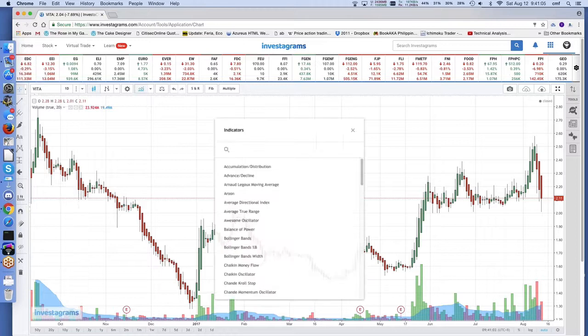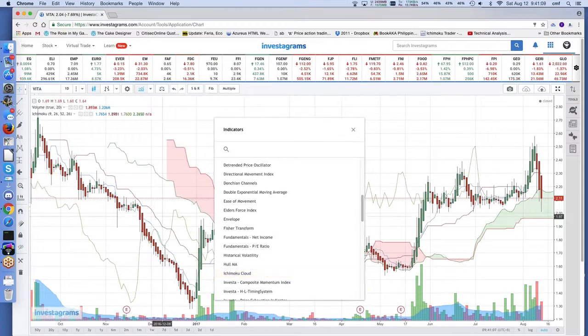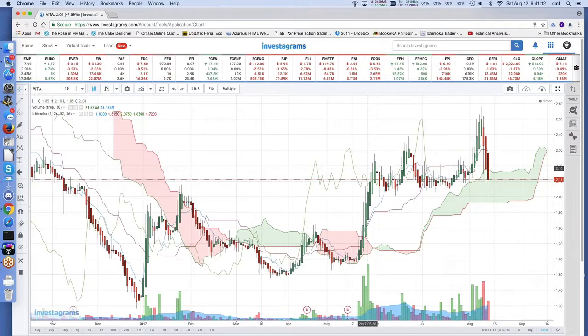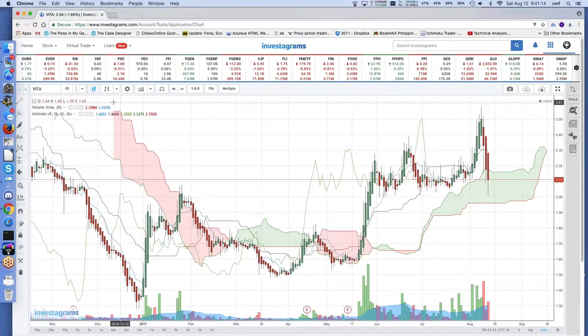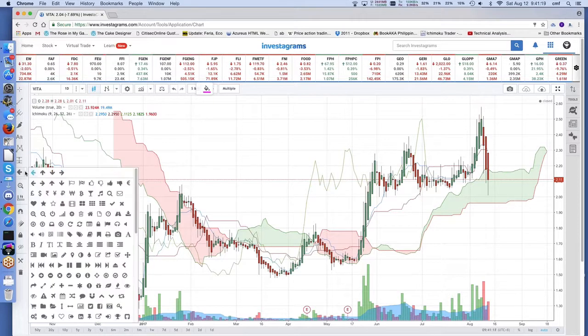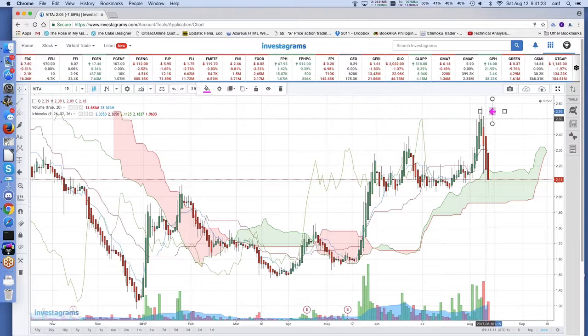Let's add in the Ichimoku. So this has lower highs, and the trend is still downward.